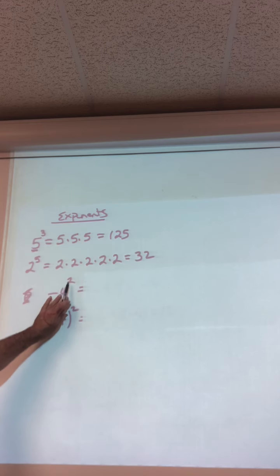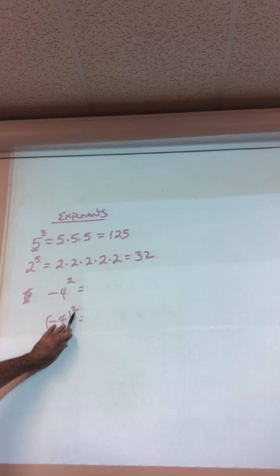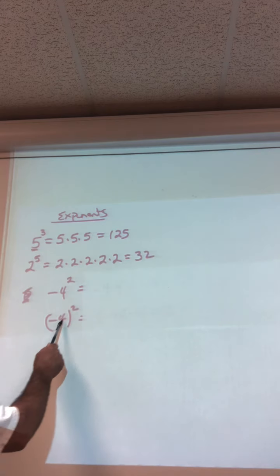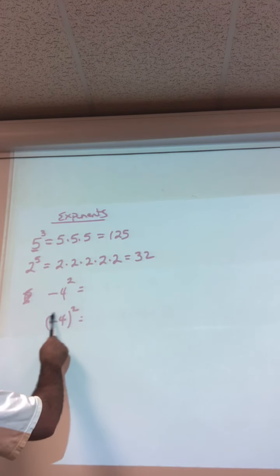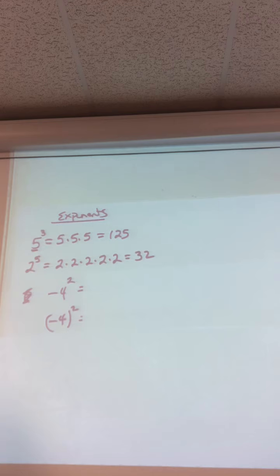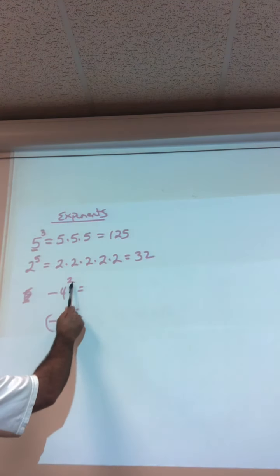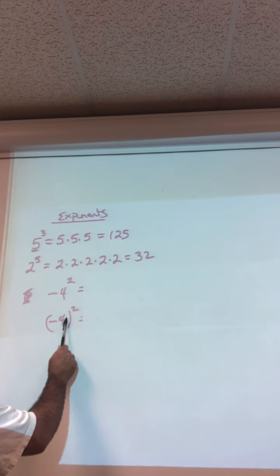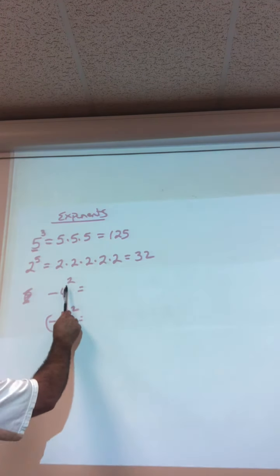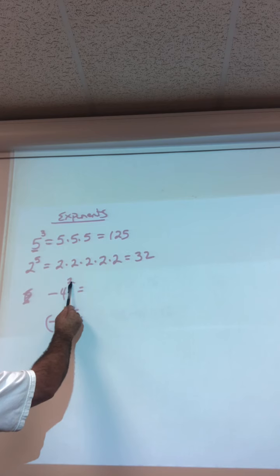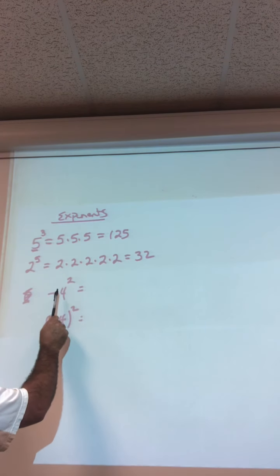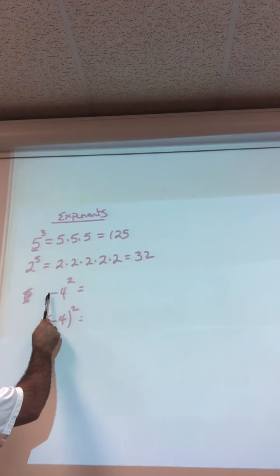The difference is, in this one, the 2 is above the 4 only. In this one, the 2 is above the parentheses. How that makes it different is everything that is inside this parentheses is now your base. So here, the exponent's 2, the base is all of this. In this one, the exponent's 2, but the base is just the 4, not the negative.